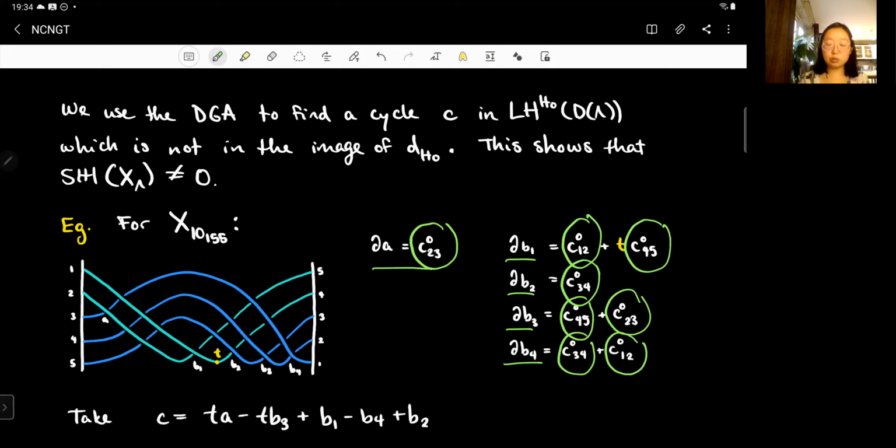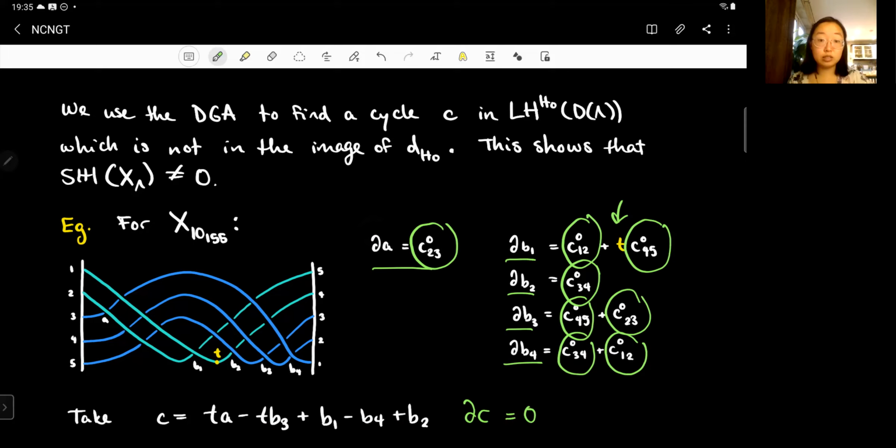Okay, and we're going to take an alternating sum with appropriate t coefficients so that this differential is 0. So we're going to let C be equal to t times A minus t times B3 plus B1 minus B4 plus B2. And if we compute the differential of C, this is going to be 0.